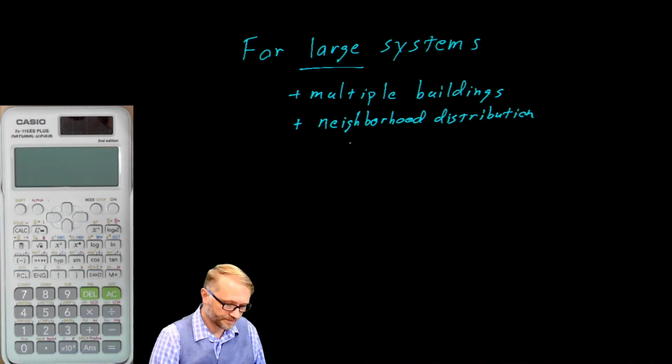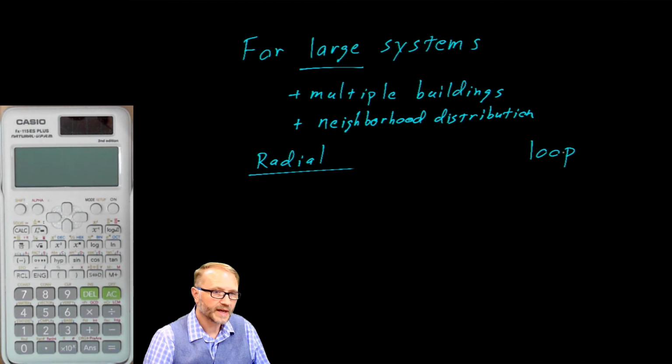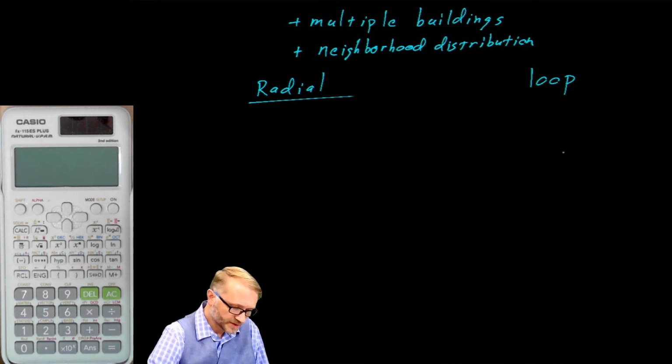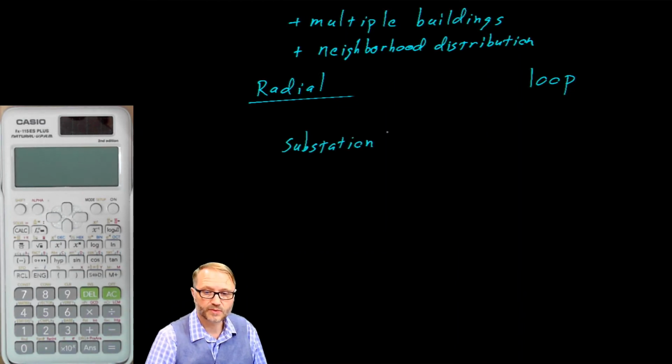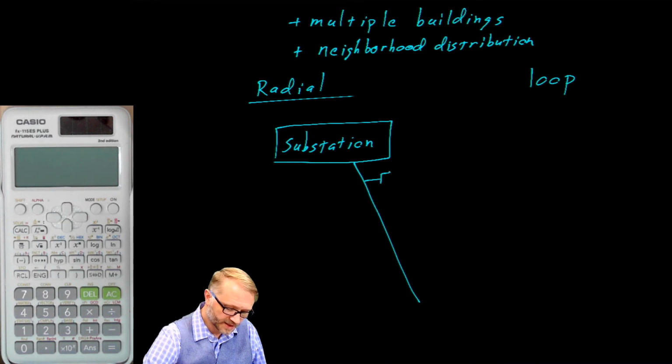There are two terms you need to know. One is radial, and the other is loop. When we have large systems, there's going to be something similar to a substation, or at least a central point where all of the energy comes into your campus or your facility. Leaving that substation are wires that lead to individual loads.